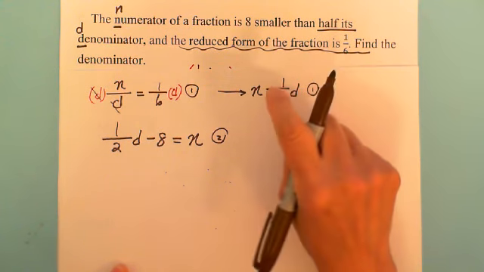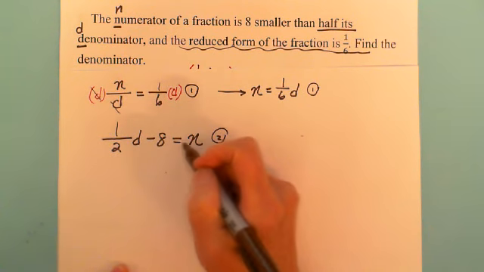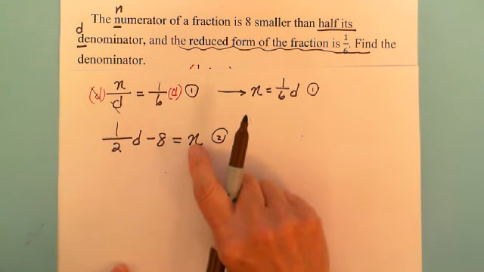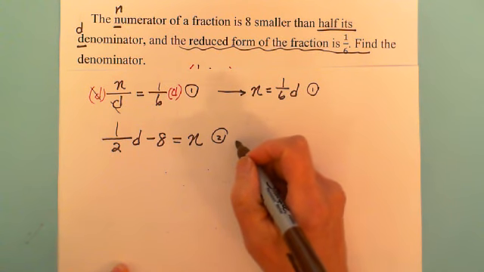Now, you're working with these two equations. How to work with these two equations? You can see n equals 1/6 d and n equals 1/2 d minus 8, because n equals n. So that's why from these two equations you have this one.